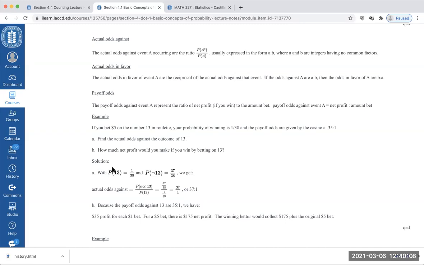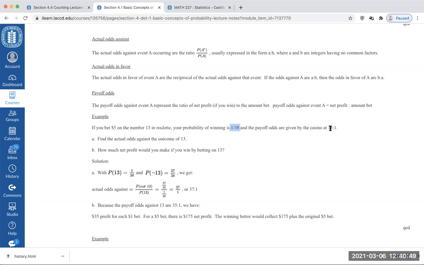Well, there are 38 slots, so it's 1 out of 38. What's the probability of not getting a 13? Well, everything else. So it's just being in any of the other 37 slots. So 37 out of 38. So the actual odds against are 37 over 38 divided by 1 over 38. So 37 over 1. So the actual odds against getting the outcome of 13 are 37 to 1.